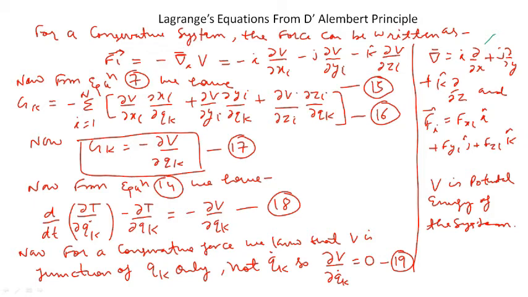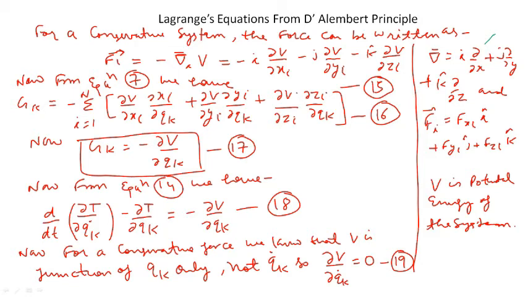You know that force can also be written as Fi equal to Fxi unit vector i plus Fyi unit vector j plus Fzi unit vector k. Fxi here is the scalar component of the force along the x-axis. Similarly, Fyi is the scalar component of the force along the y-axis of the ith particle, and Fzi is the scalar component of the force along the z-axis of the ith particle. Here i, j, k are unit vectors.